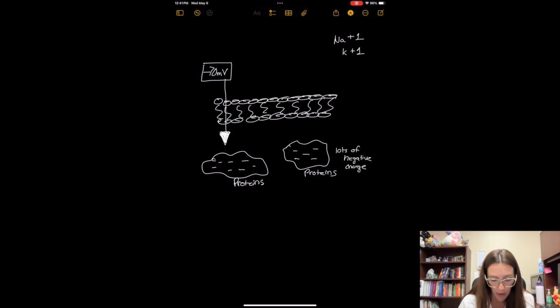Some are going to cause a positive ion to flow in. If it's positive in, we're going to be depolarizing, so it's becoming more positive inside. If it's causing a positive ion to flow out, it's going to be hyperpolarizing, which is going to make your cell more negative.